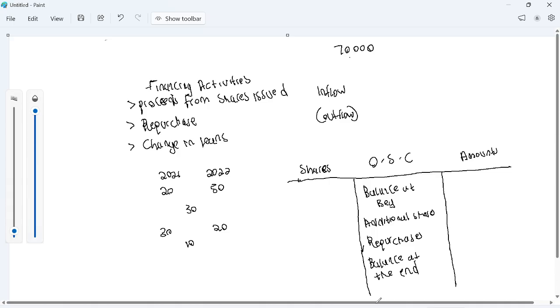If they say 70% of the authorized shares have been issued, you say 70,000 multiplied by 70%, which is 49,000. These are the shares issued at the beginning of the year. So don't confuse authorized shares with issued shares. Let's leave these columns here.